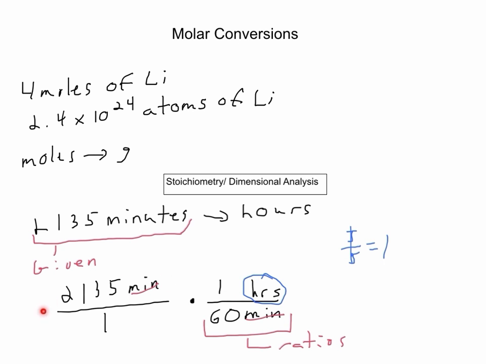Notice how I didn't do anything with my first fraction. I can now solve. And remember, when I multiply fractions, I multiply across the top, multiply across the bottom. So I get 2,135 over 60. And that will equal, when I do the division, about 38.6 hours.